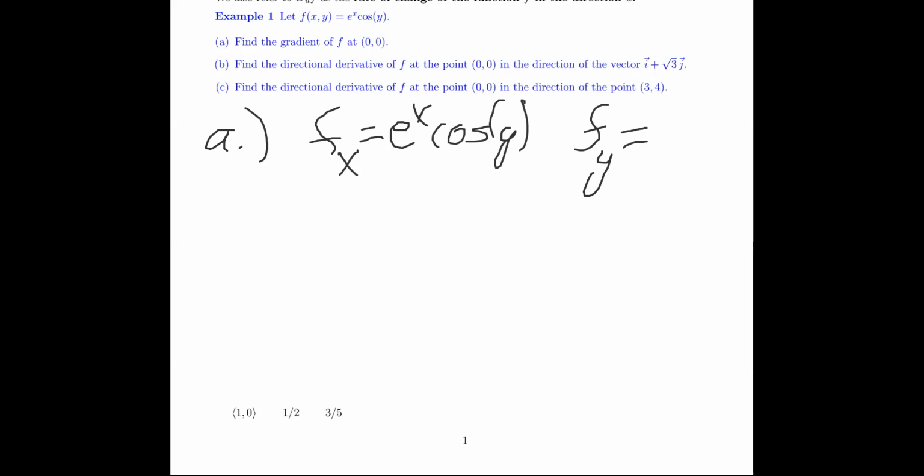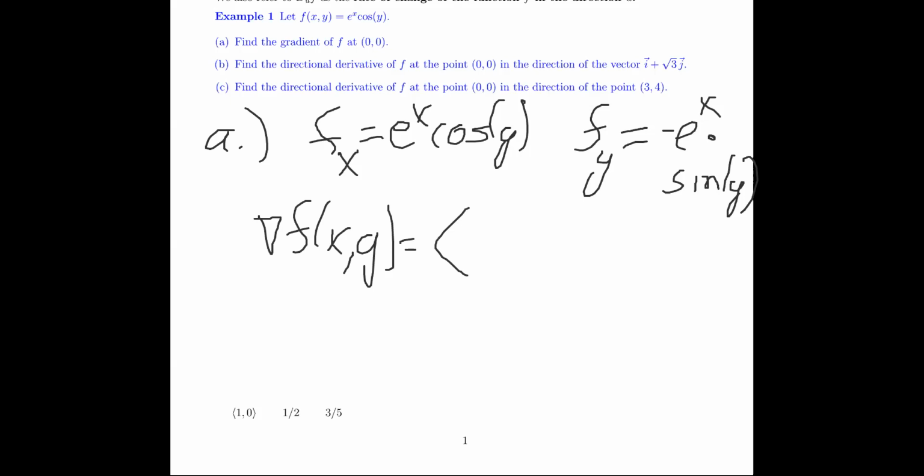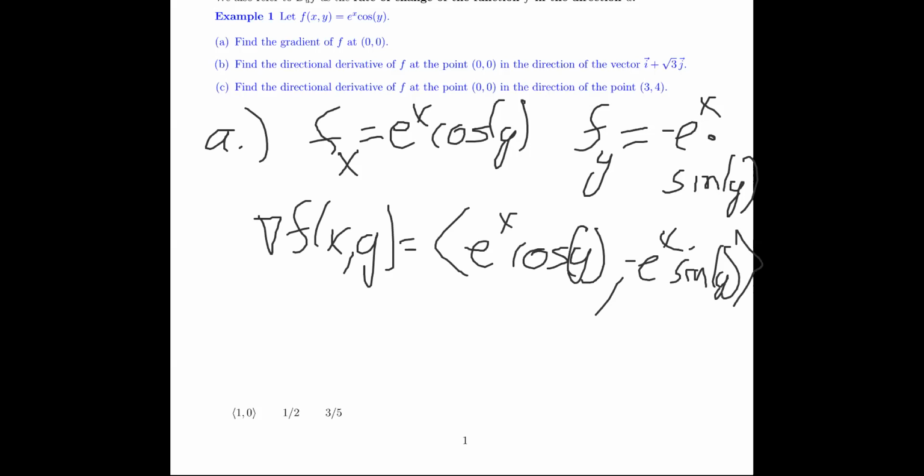And this is negative e to the x times sine of y. And that will be f sub x and f sub y. So our gradient vector then is the vector e to the x cosine of y in the first coordinate, and then negative e to the x sine of y in the second coordinate.